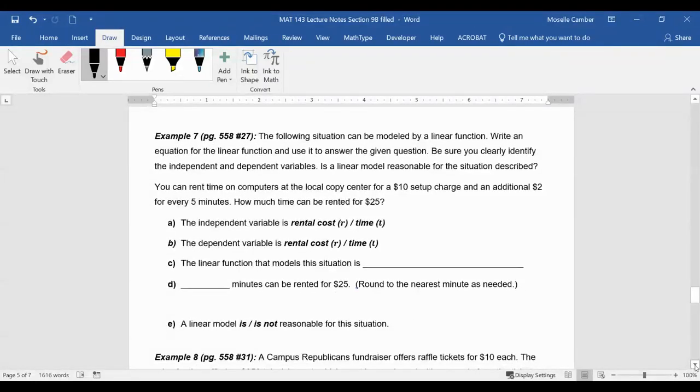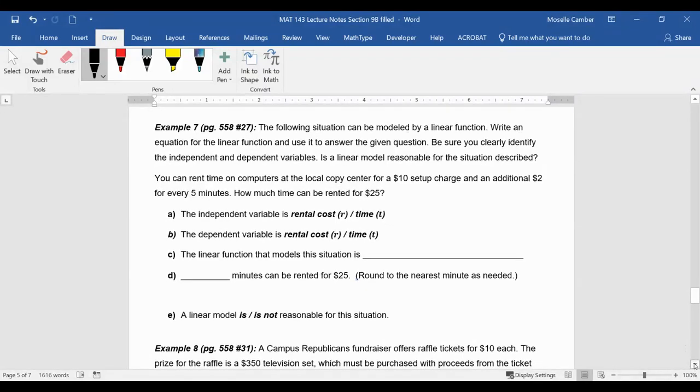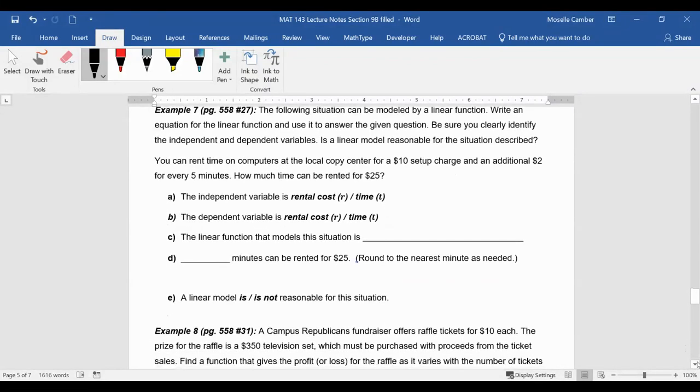Okay, example 7. Again, we can model the situation with the linear function. You can rent time on computers at the local coffee center for a $10 setup charge, an additional $2 for every 5 minutes. How much time can you rent it for $25? Okay, so the independent variable is going to be either rental cost or time, and the dependent variable is going to be the other one. So again, you can think of it logically, which one depends on the other.